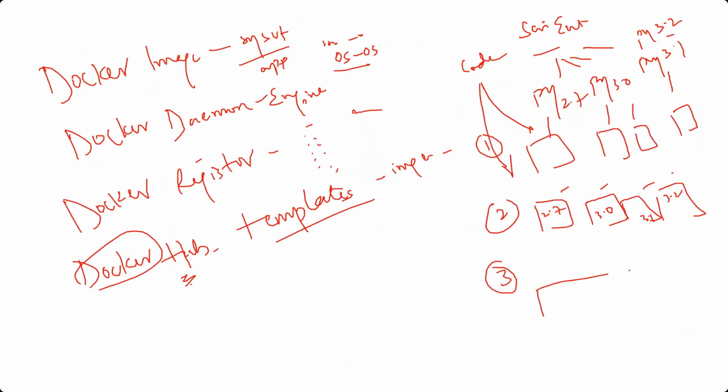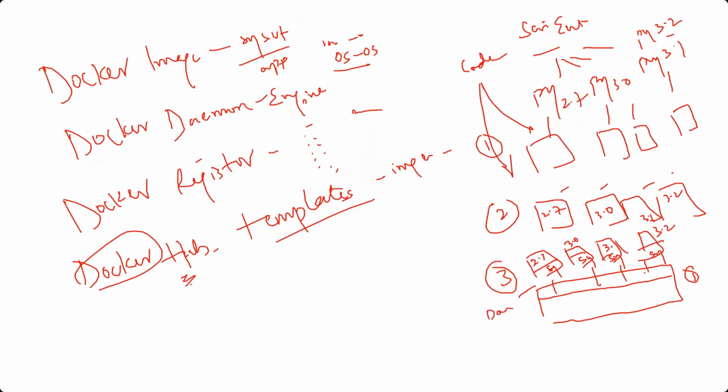All you need is one machine with multiple containers, each having system utility and app with Python 2.7, 3.0, 3.1, 3.2. The Docker daemon sits here and maps to your own operating system, so that when you run this code in Docker Desktop, that code will run.